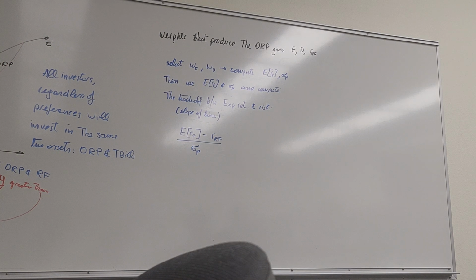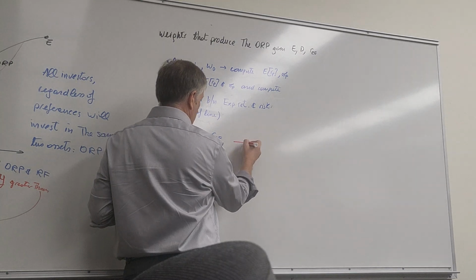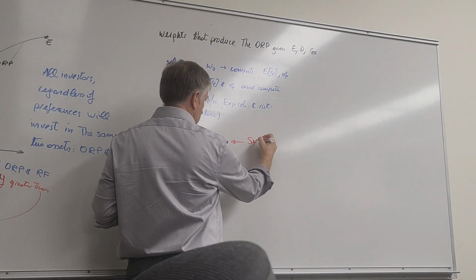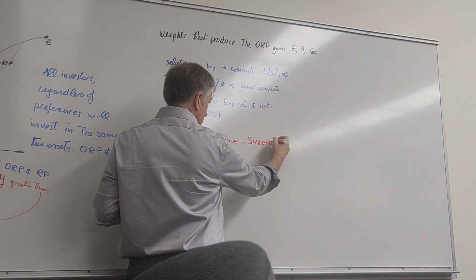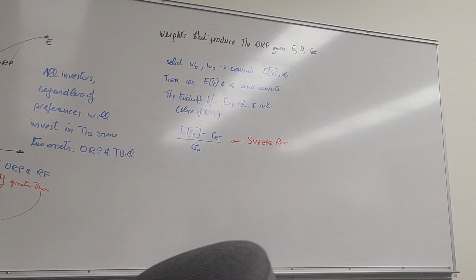You have this line right here. You have the expected return of this portfolio minus the risk-free rate, change in y, divided by this distance right here, change in x. This ratio is important. This is called the Sharpe ratio.